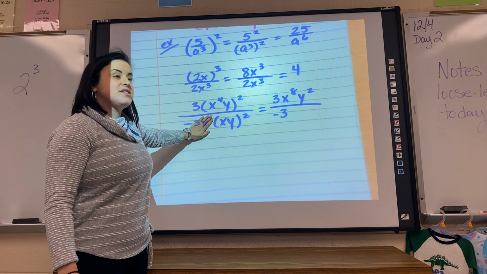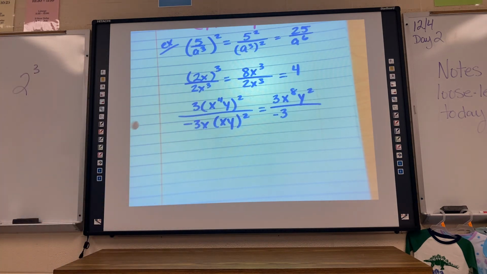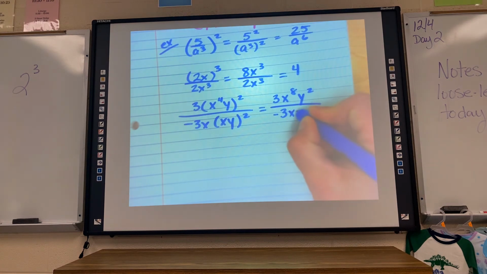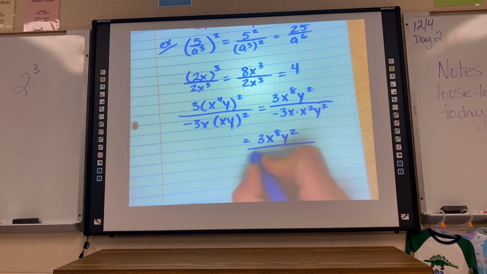That's in parentheses, so we want to square those two first. So what happens is this becomes negative 3x times x squared y squared. So what does that x become? What is the exponent on the x now? X to the third. Yeah. So this equals 3x to the 8th y squared divided by negative 3x to the third y squared.